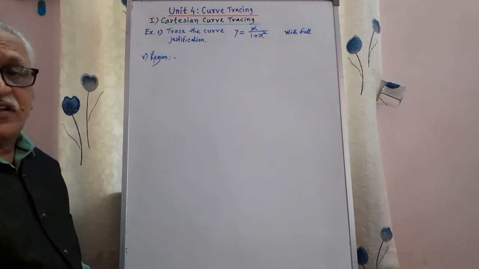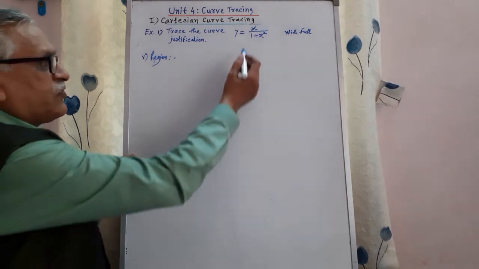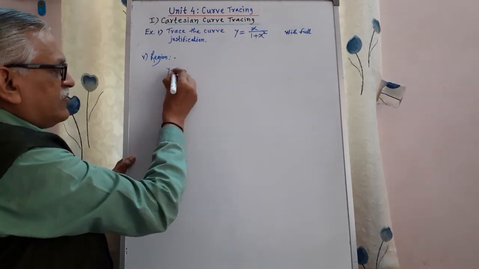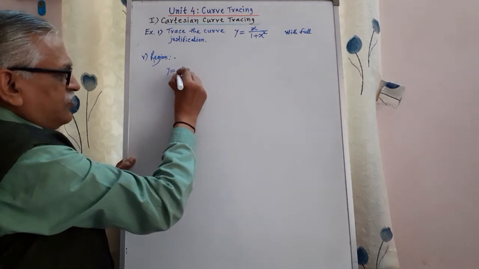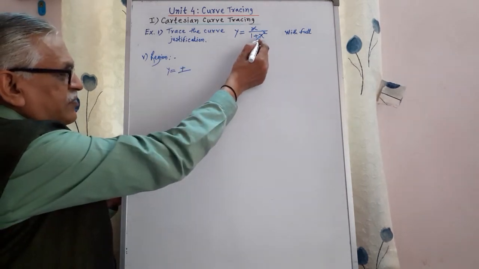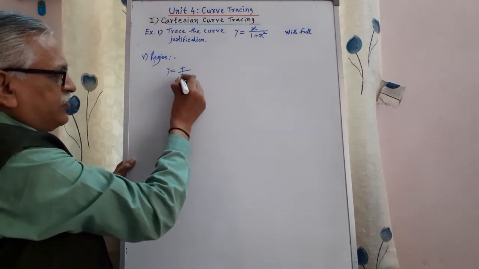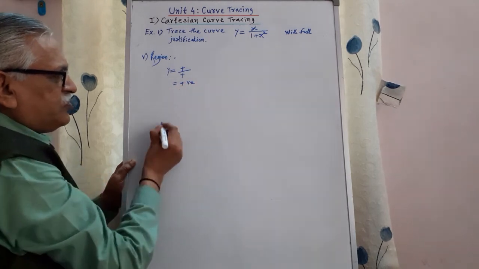Whether where curve exists or where curve does not exist. Already we have seen curve exists in opposite quadrant. What will happen if we consider x as positive? When x is positive, this becomes positive term. Square of any positive term is again positive. Positive divided by another positive number, we get y as positive.